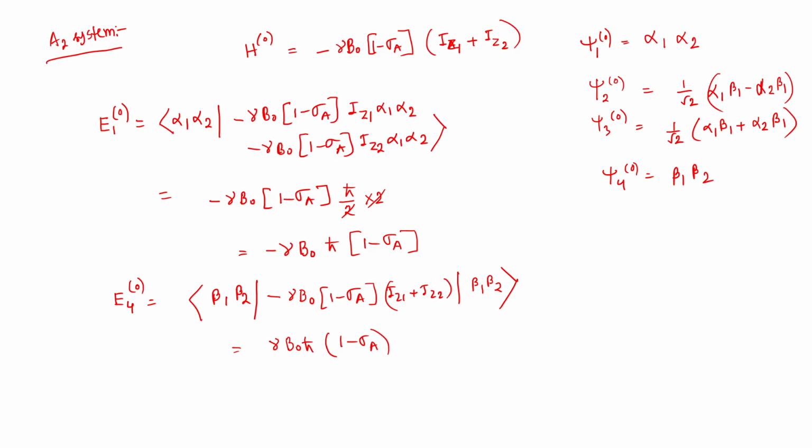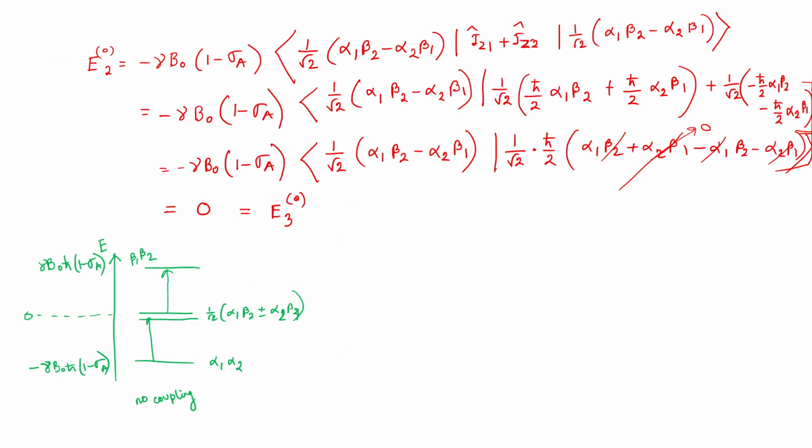Now you will see that for the first and fourth case, the magnitude of the energy is the same, with a difference in the negative sign only. And in case of psi 2 and psi 3, both will have energy at 0.